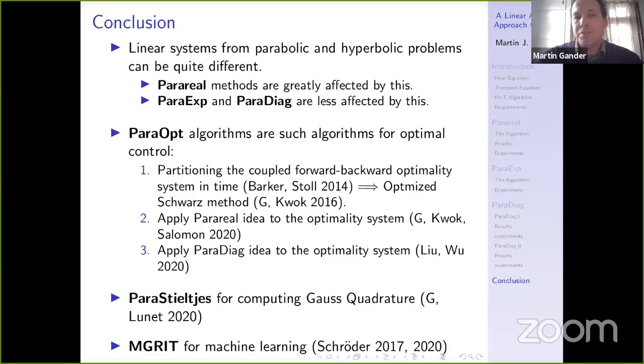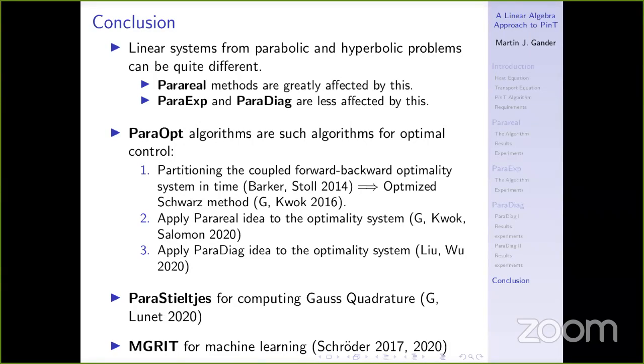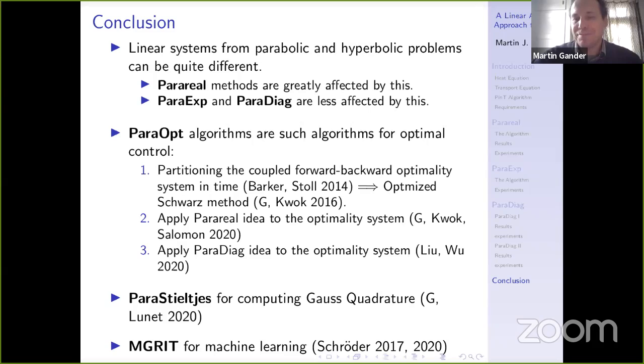If you look on the internet for PinT 2020 Michigan, you find links, and there is going to be a funny talk later this afternoon about dozens of ways you can fool other people with your parallel-in-time results, and maybe even yourself. So there should be a fun talk later this afternoon as well. Okay, so if it starts at 5, it's perfect timing. Yeah. Okay, thanks.